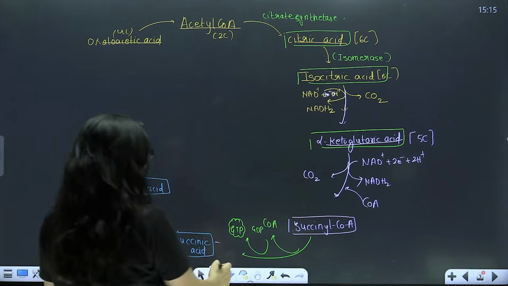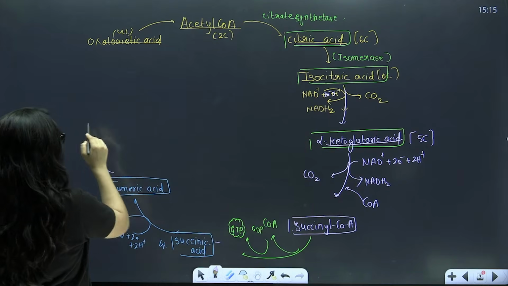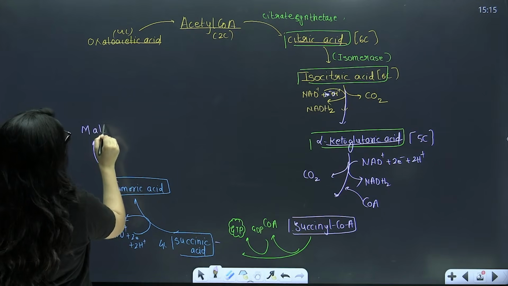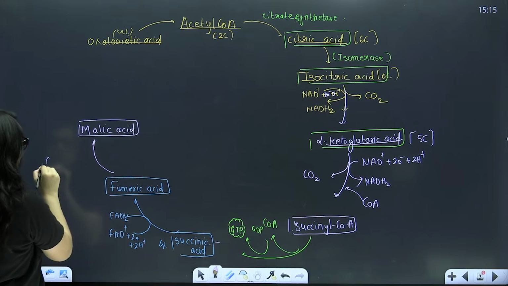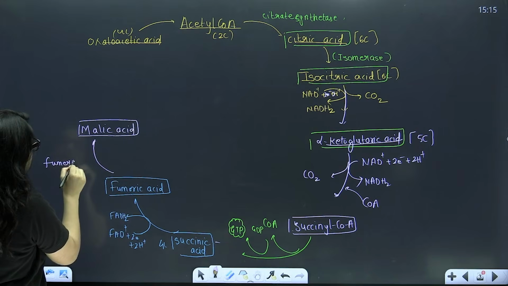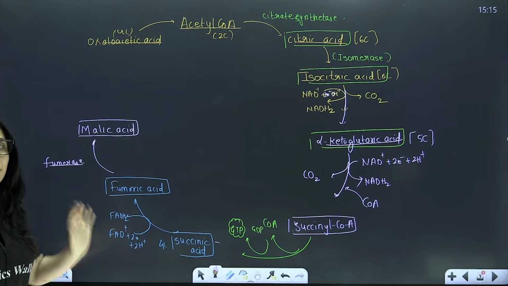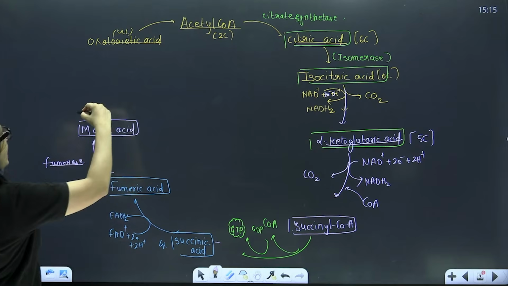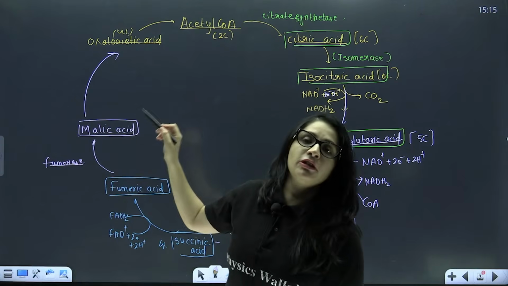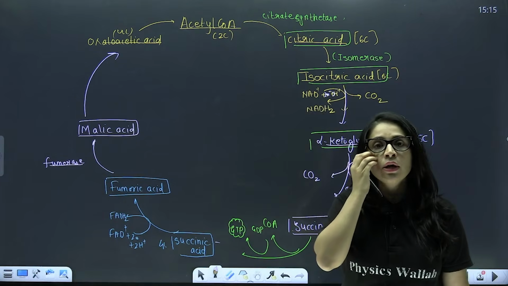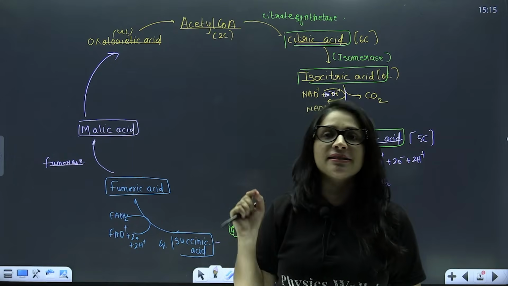Correct? This fumaric acid will continue and it will get converted into malic acid in the presence of the enzyme fumarase. So, fumarase enzyme will be involved over here to convert fumaric acid into malic acid. Finally, malic acid, in order to maintain the continuity of the cycle, will convert itself into the primary acceptor of acetyl coenzyme A, which is oxaloacetic acid.